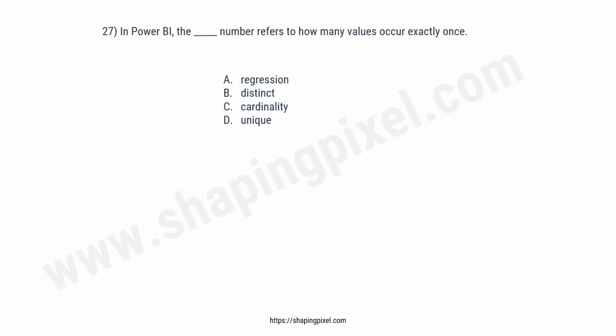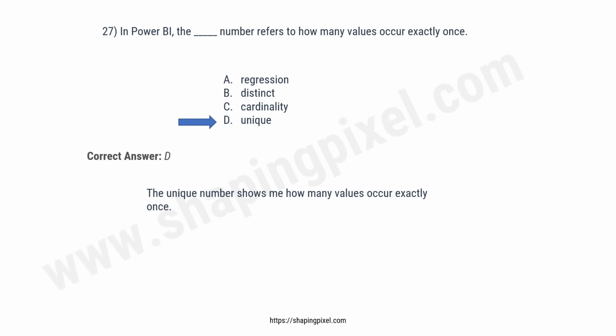Question number 27. In Power BI, the dash number refers to how many values occur exactly once. And we have four options: regression, distinct, cardinality, unique. So the right answer here is option D, unique. The unique number shows me how many values occur exactly once.